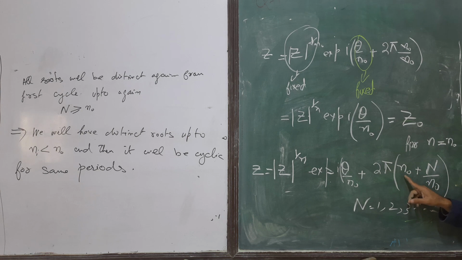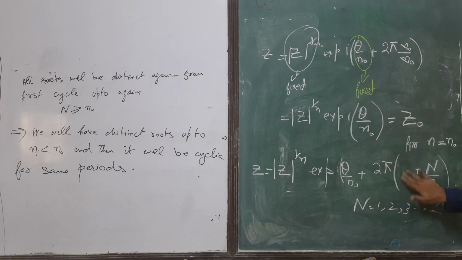These are for all n greater than or equal to n naught. N means natural number, 1, 2, 3. Means if ni becomes greater than or equal, then n naught will be cancelled with n naught.